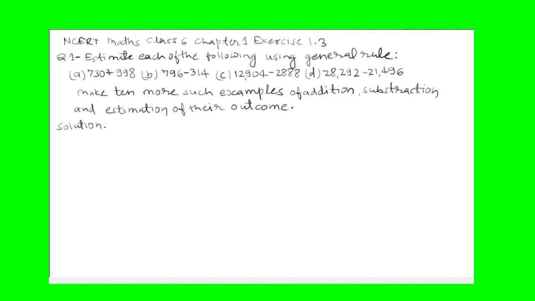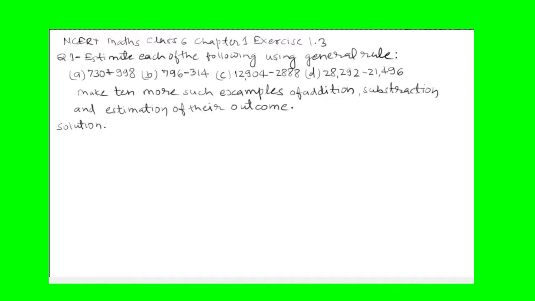Part B, 796 minus 314. Part C, 904 plus 2888. Part D, 28,292 minus 21,496.